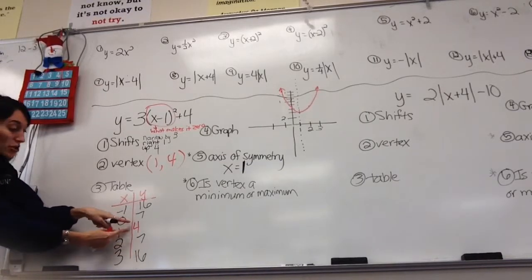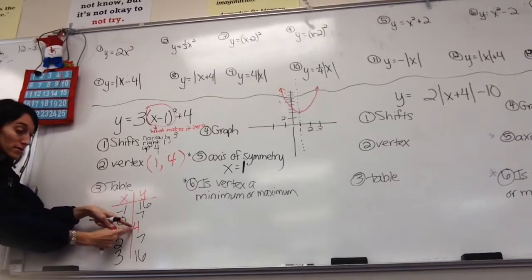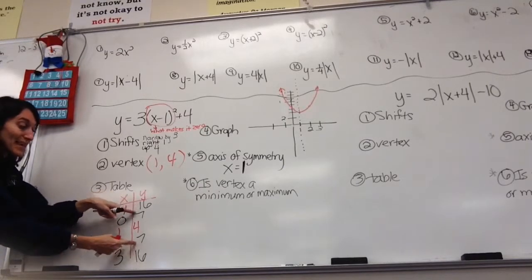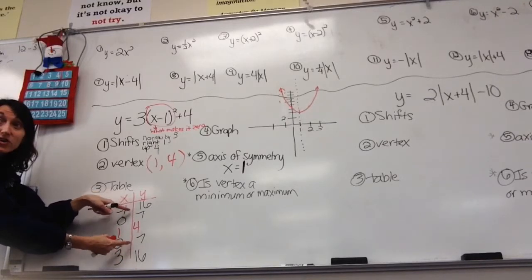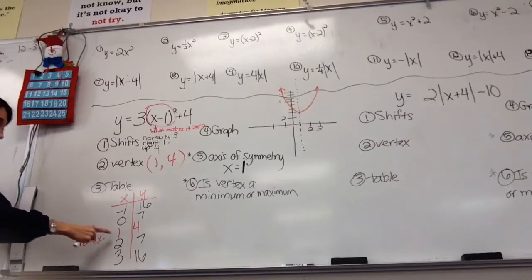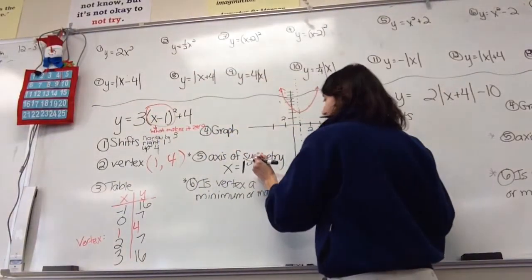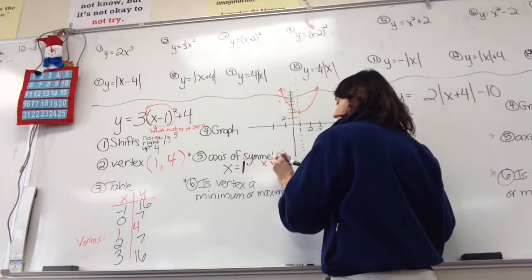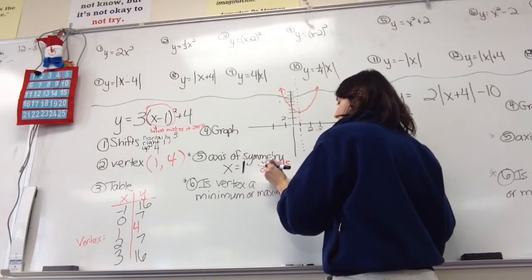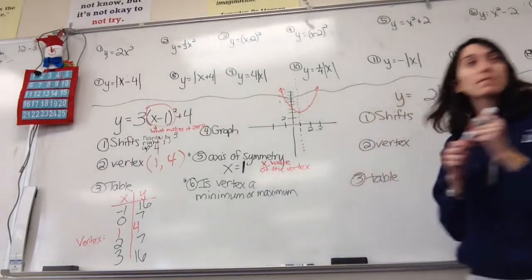Okay, have you guys noticed in your table, if you found the vertex correctly, what do you notice? It mirrors. It has symmetry. That's how you know. So you would just take the x value of the vertex. Yes. Okay, so the axis of symmetry is the x value of the vertex.